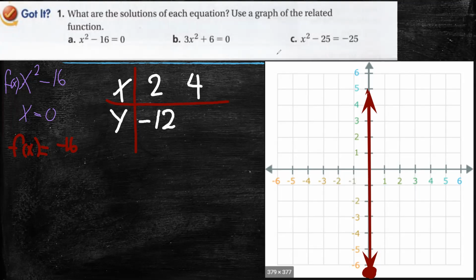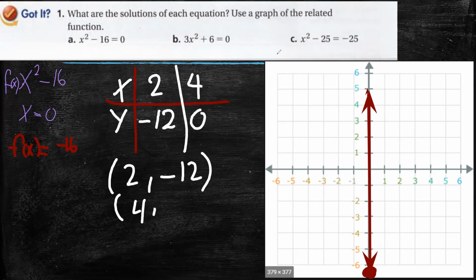At point 4, 4 squared is 16. 16 minus 16 is 0. So the coordinates that I have are 2, negative 12, and 4, 0.